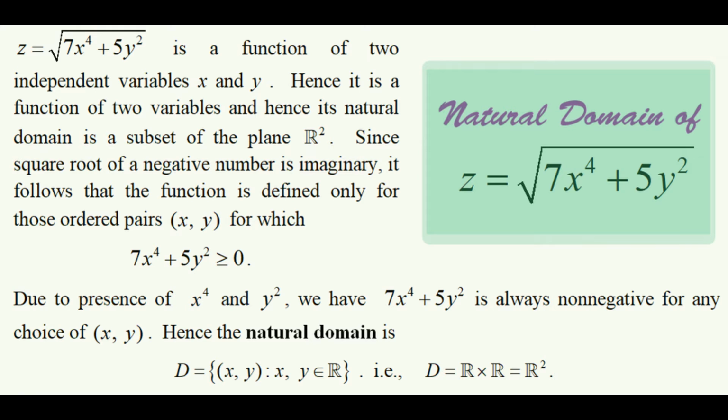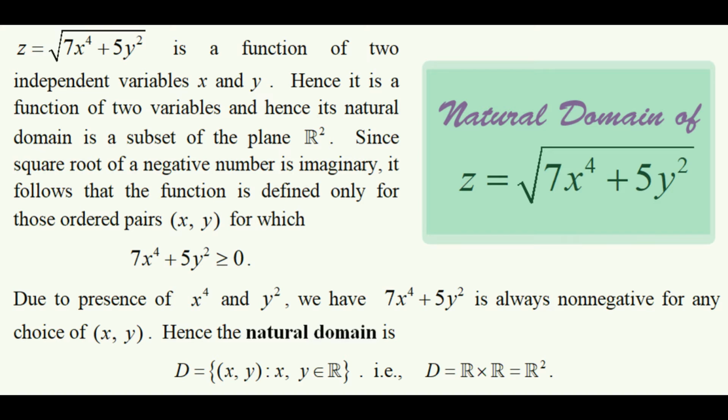Hence, it is a function of two variables and its natural domain is a subset of the plane R^2. Since the square root of a negative number is imaginary, the function is defined only for those ordered pairs (x, y) for which 7x^4 + 5y^2 >= 0.